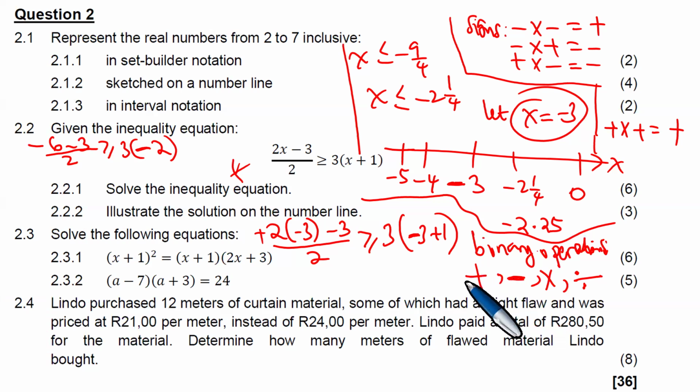Subtraction is sort of the opposite of addition, and multiplication becomes the opposite of what? Of division. So in other words, multiplication and division go together.